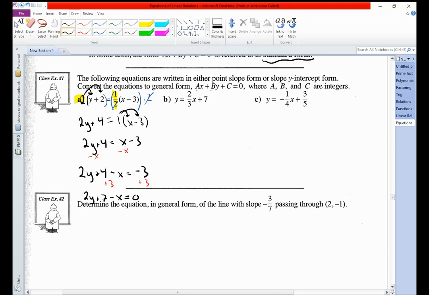But we want it to be x first. So we can rearrange these terms. We can say negative x plus 2y plus 7 is equal to 0. And we want the x term to be a positive one if we can.